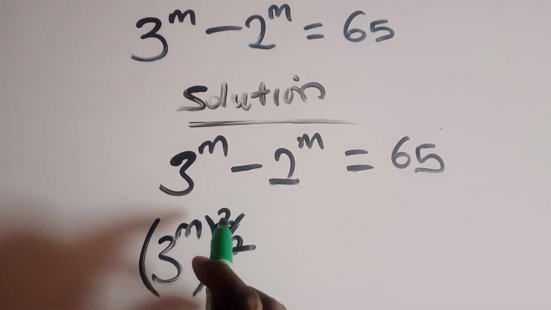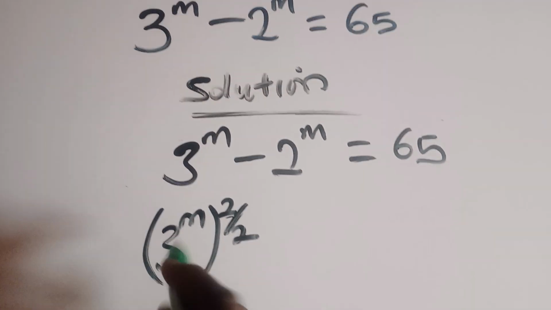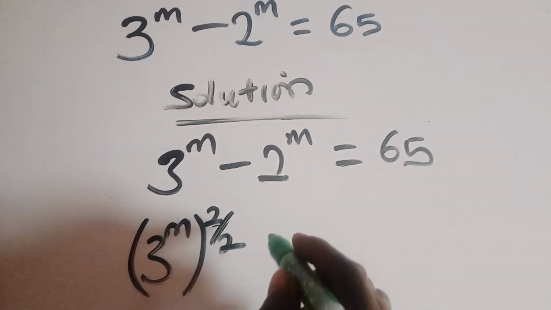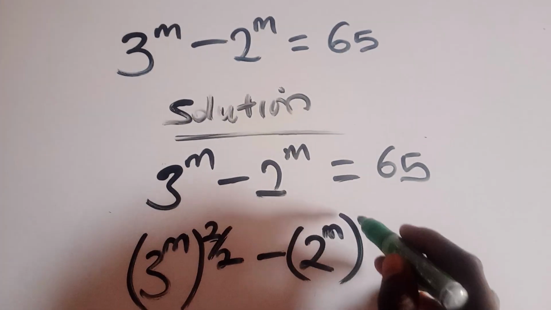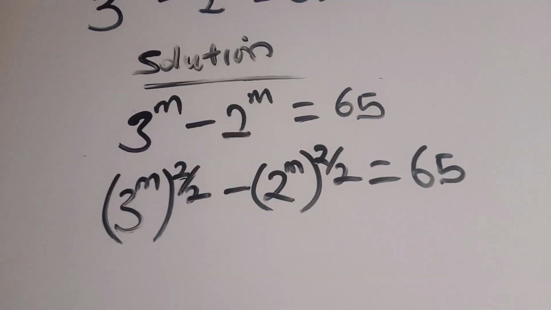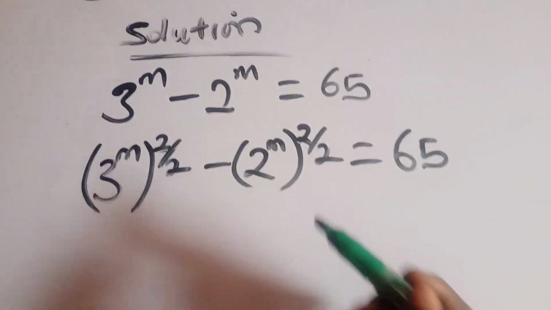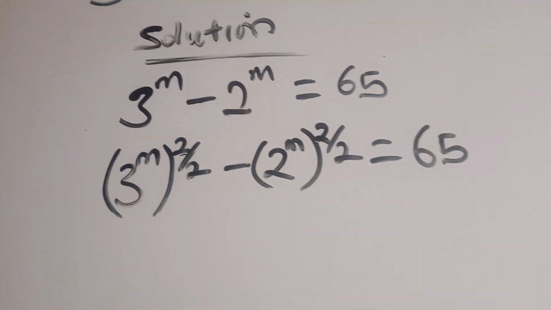Don't forget, 2 divided by 2 is 1, and 1 times 3 raised to power m is still 3 raised to power m, so it's still the same thing. So minus (2 raised to power m) raised to power 2 divided by 2 is equal to 65. Again, 2 divided by 2 gives me 1, and 1 times 2 raised to power m is still 2 raised to power m.